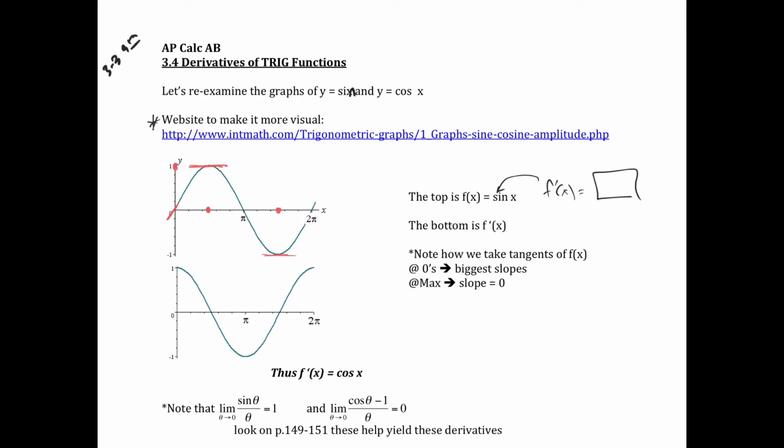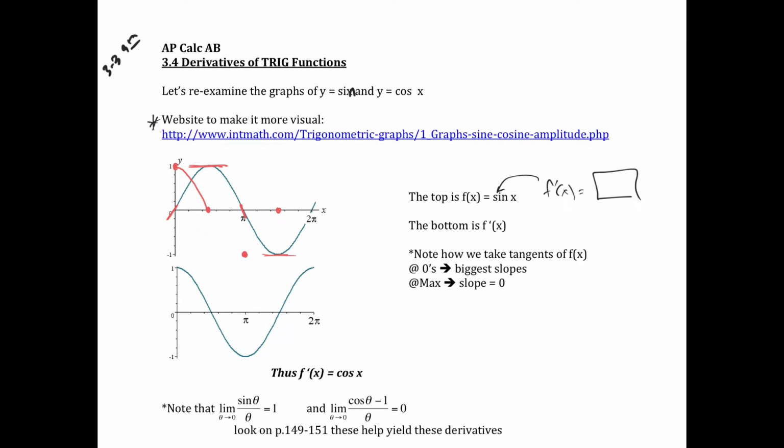Take a look. The slope continues to decrease until we get to 0. Then the slope becomes negative, so we're below the axes, and it reaches a minimum about here, which, if you calculate it out, is going to be -1.